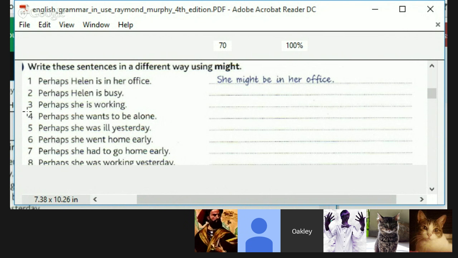Can't you really use want as an -ing? I mean, it's possible, but not really in this circumstance. It would sound much more natural to just say she might want to be alone. That's it. So just the bare infinitive after might.